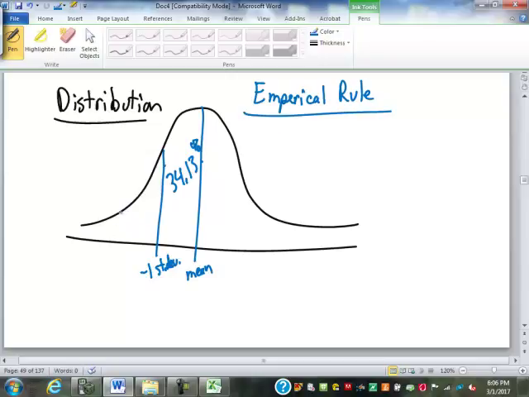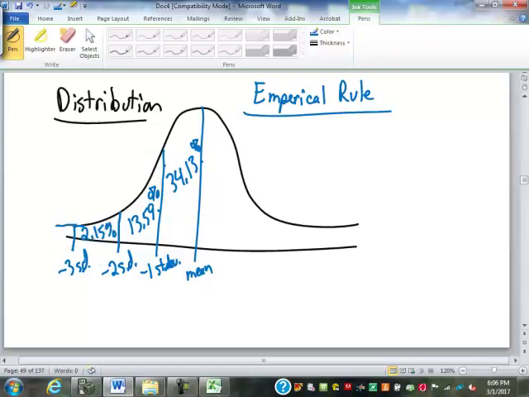If we go down another standard deviation, so now we're two standard deviations below the mean, between the 1 and the 2 standard deviations, we expect to find 13.59% of the data. And from 2 to 3 standard deviations, we expect to find 2.15% of the data.